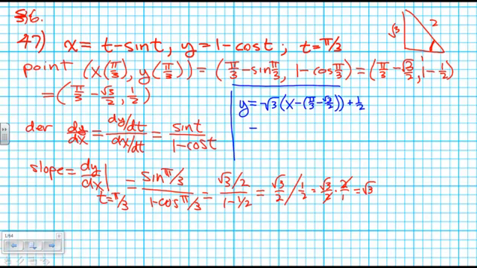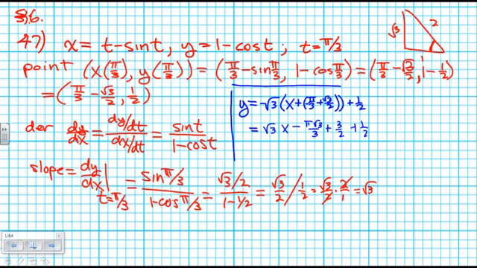If I distribute this, as the book tends to do, let's distribute this through here first. I get root 3 x minus pi root 3 over 3 plus 3 over 2, plus 1/2.